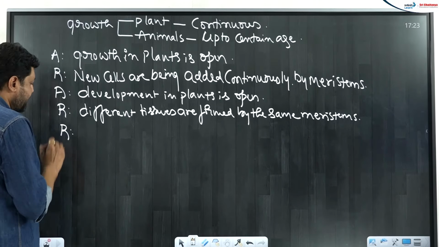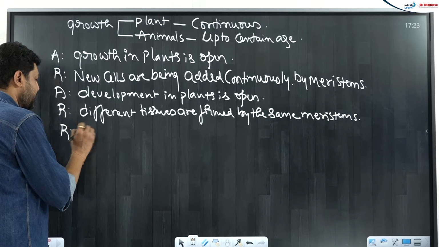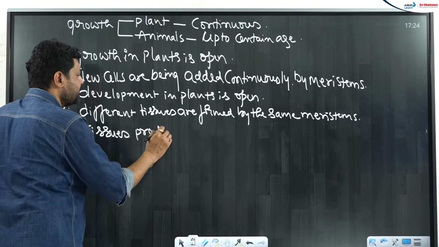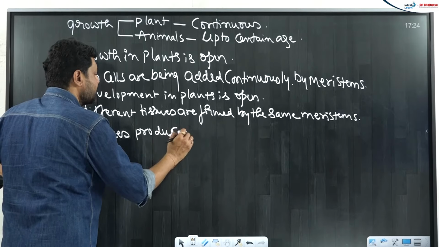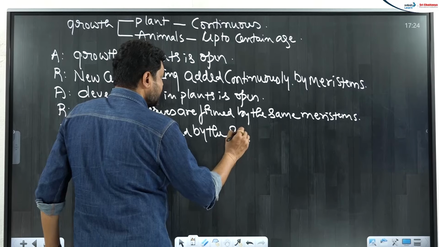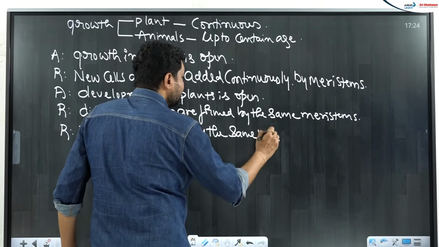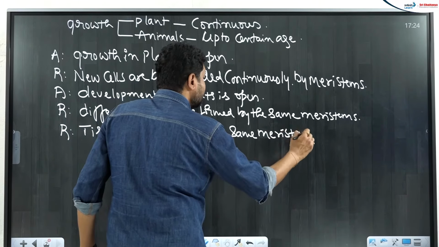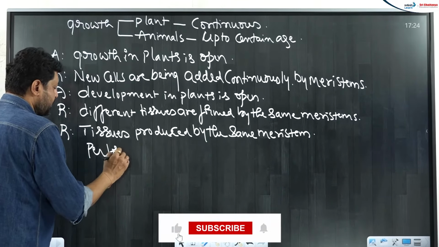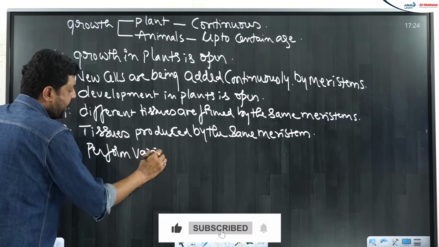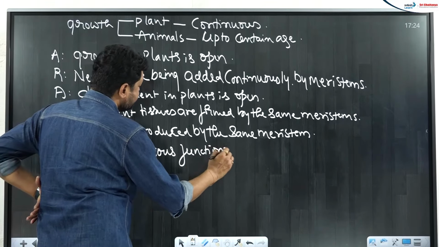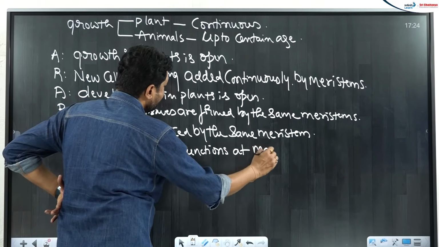Or another reason I will write: tissues produced by the same meristem perform various functions at maturity.